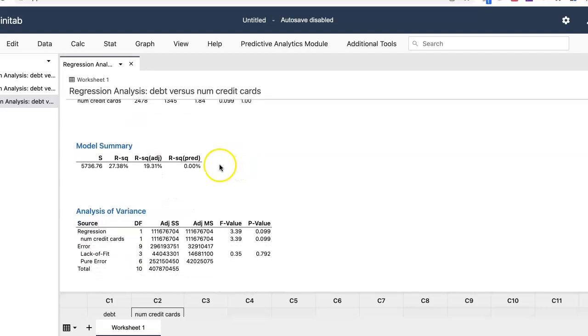One of the questions you're asked is, what is your r? So let me see if I can write with this. So if r squared is 0.2738, excuse that, I don't have a writing tool with me right now. And you want it, that's what r squared is, not the percent form, but the decimal form, and then take the square root of that, then you will get what r is.